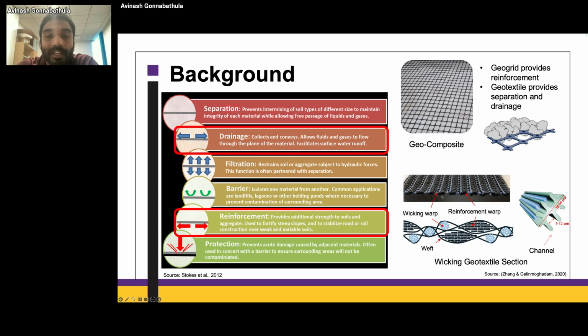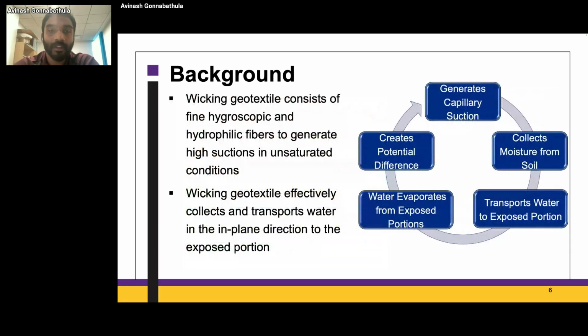Each wicking geotextile has multiple wicking fibers, which are embedded with numerous wicking wraps, and each wicking wrap contains very fine micro channels, and these micro channels help it generate a large amount of suction.